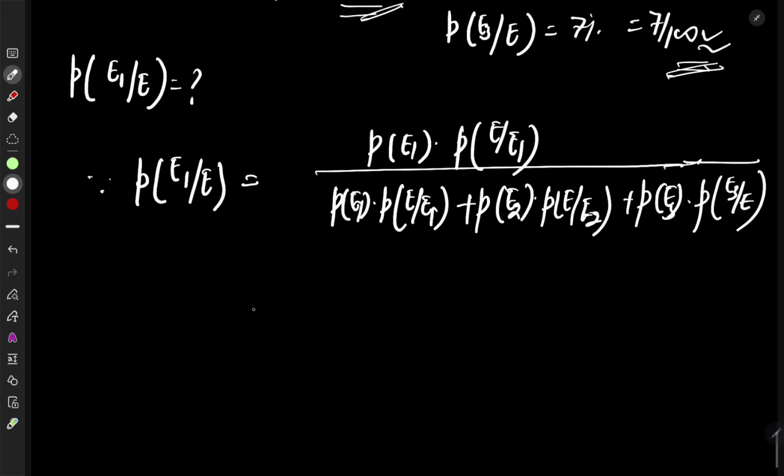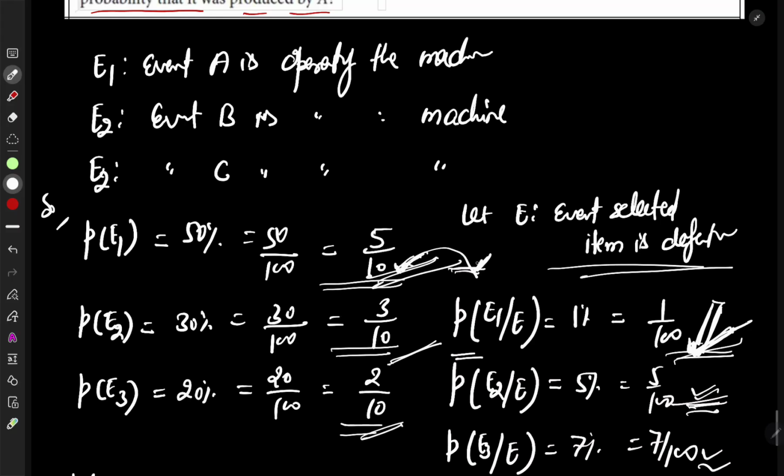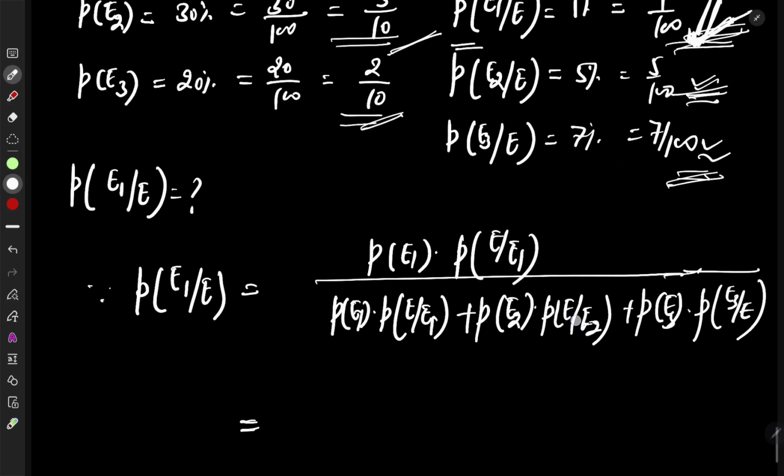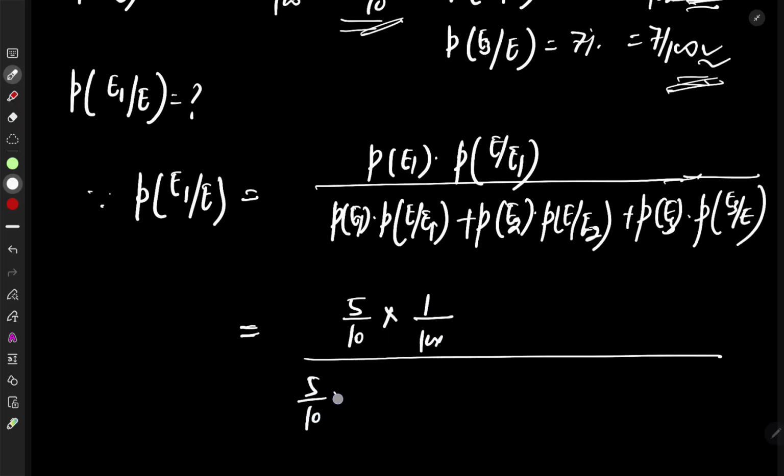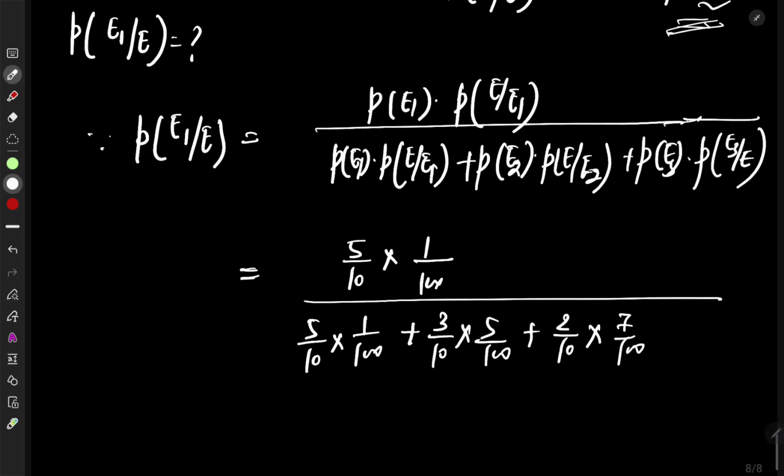And if the item is defective and produced by A, you'll be saying, sir, this into this divided by the total. So just apply it. It will be 5 by 10 into 1 by 100, divided by 5 by 10 into 1 by 100 plus 3 by 10 into 5 by 100 plus 2 by 10 into 7 by 100. It is also clear to everyone.